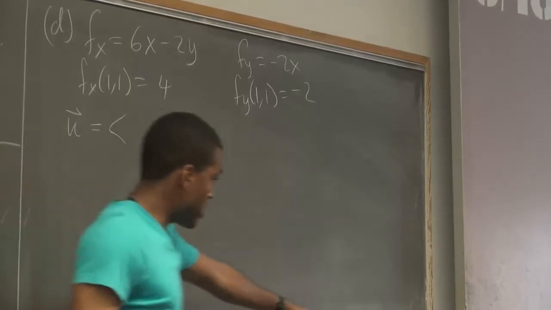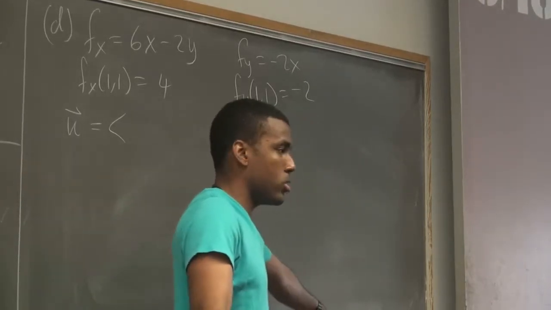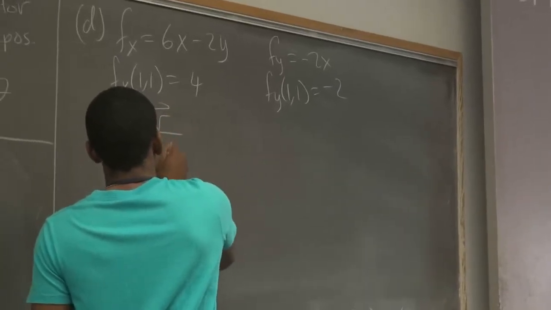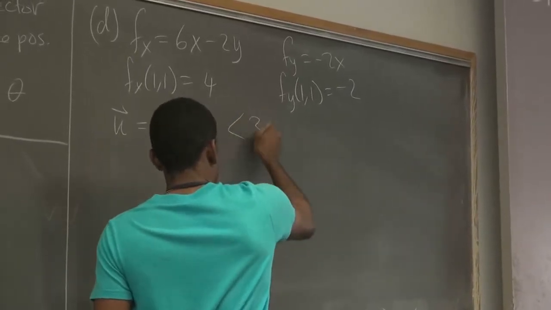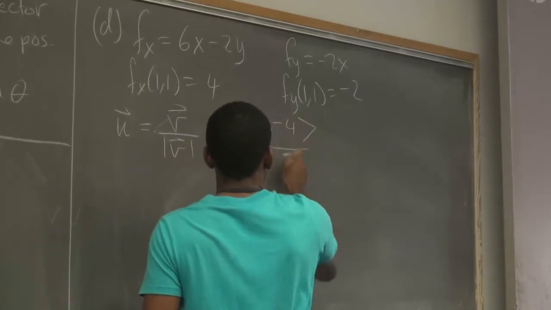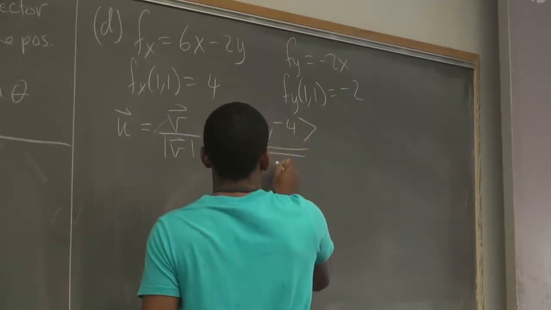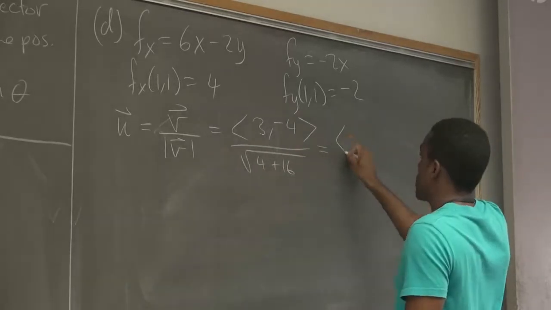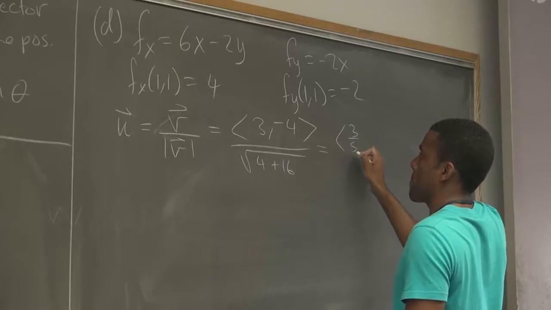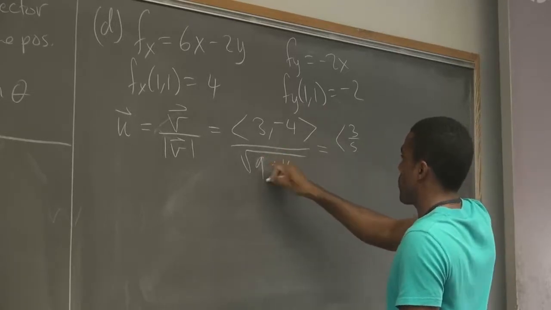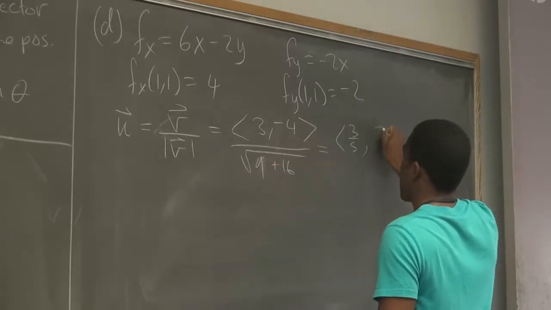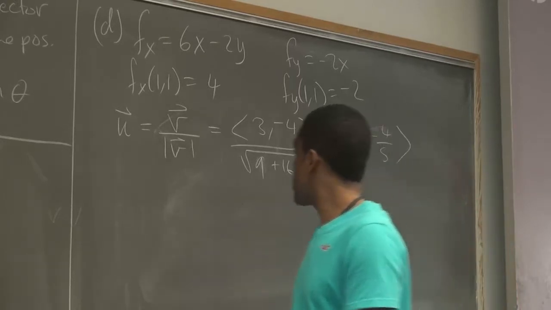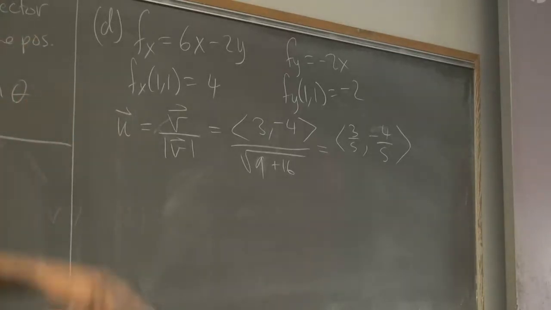Right. So this gave us a general direction, but you'll notice that it's not a unit vector. So you're going to have to take u to be v divided by the magnitude of v. Where'd you get 4 from? Minus 4. Algebra gets in every time. Seeing if you guys are paying attention.